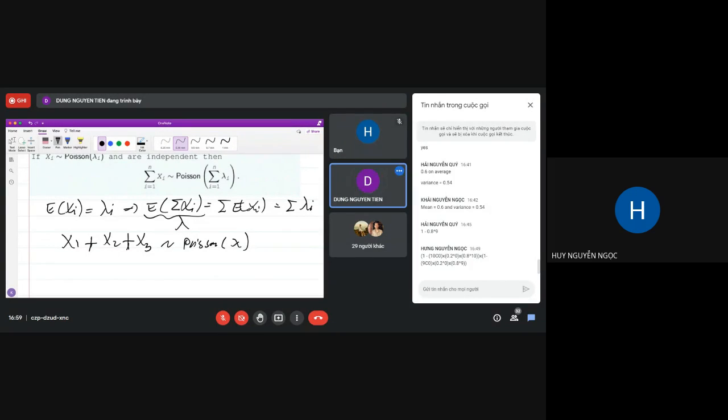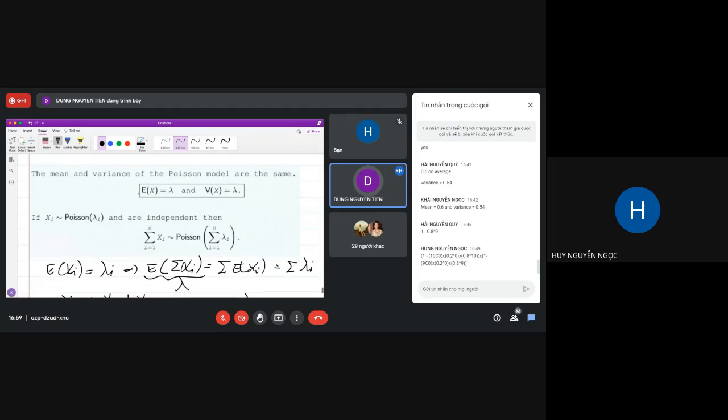All right, so you have these two properties of a Poisson distribution. In fact, there are some more interesting properties, but I don't think we have enough time for that, so I just introduced these to you. Next, I want to give you some graphs of Poisson distributions.